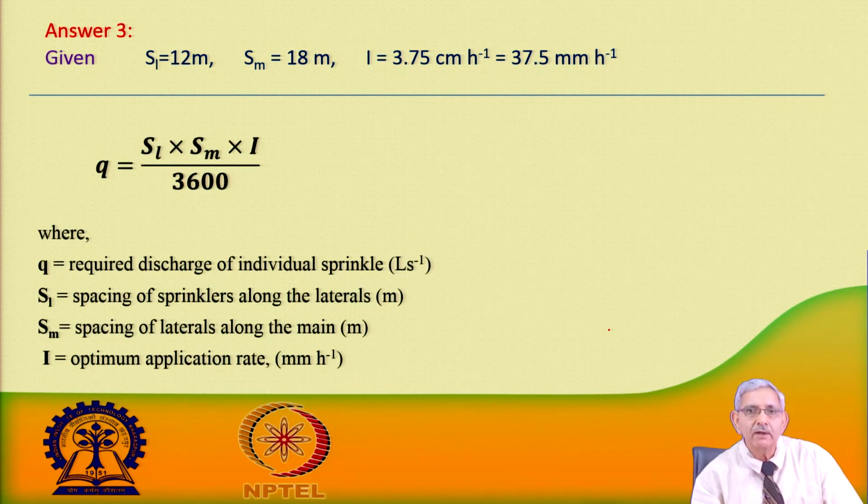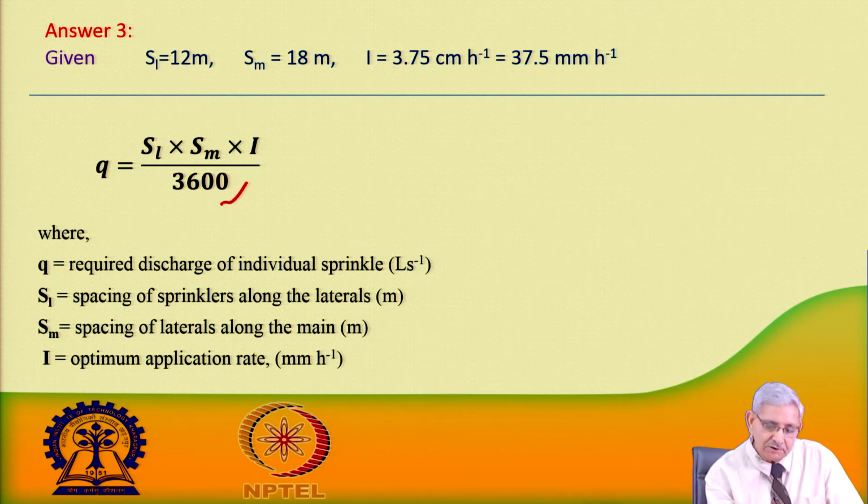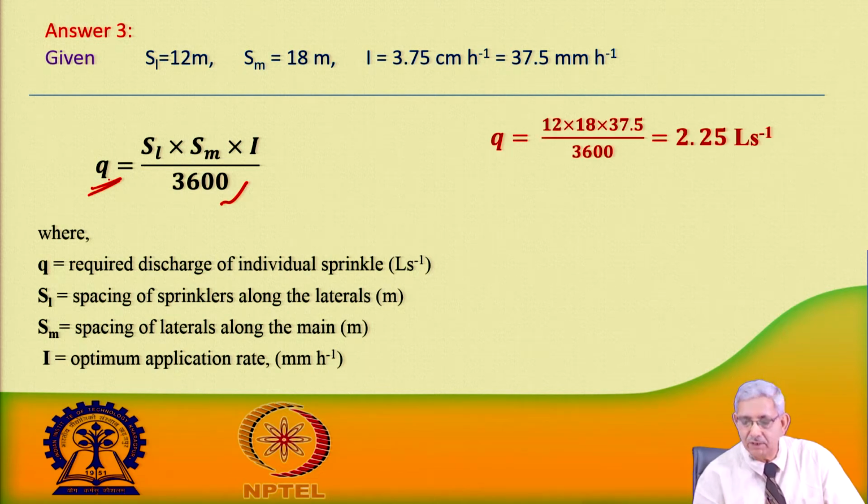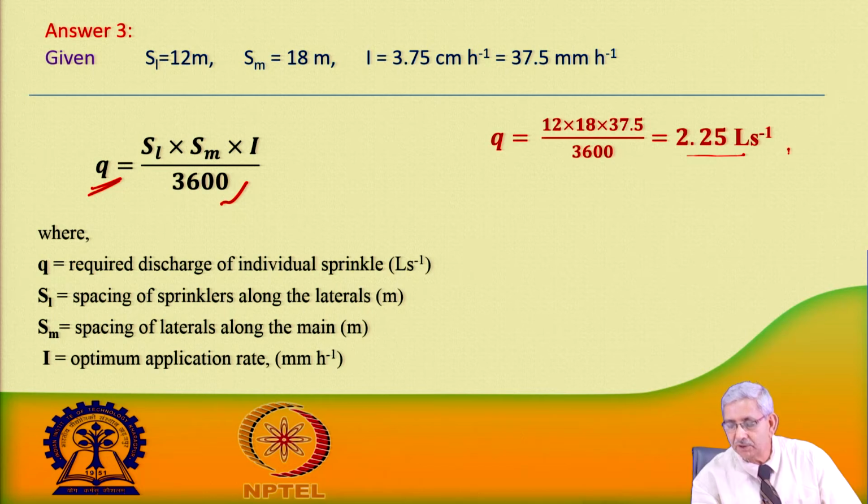This is just a simple formula. We can write Q equal to S L into S M multiplied by I, and this is a unit constant 3600. So, if I substitute the value, we will get the discharge from a single sprinkler nozzle, which is 2.25 liter per second.